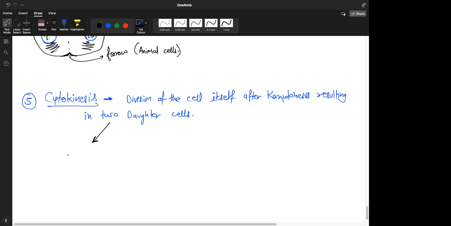So come to cytokinesis, write down in animal cells.